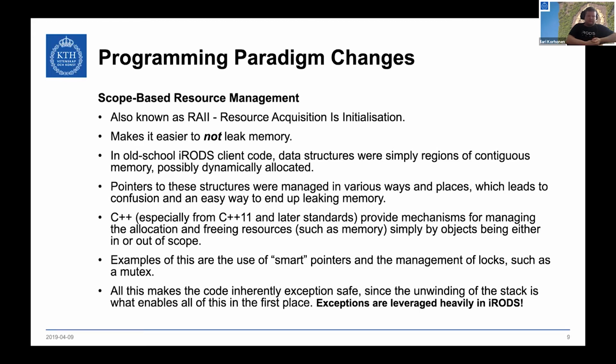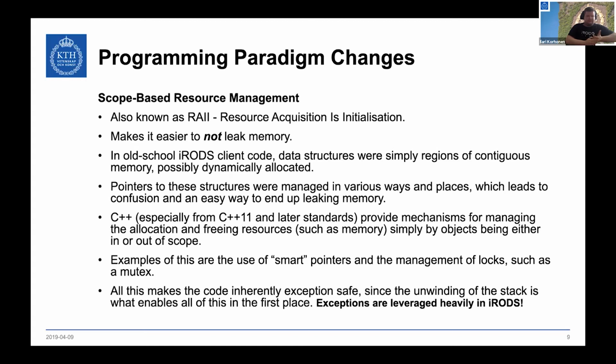So when you're writing things in the RAII way, or as it's also called scope-based resource management, which basically means that you write C++ constructs that manage the resources, whether these encapsulating objects are either in scope or out of scope.